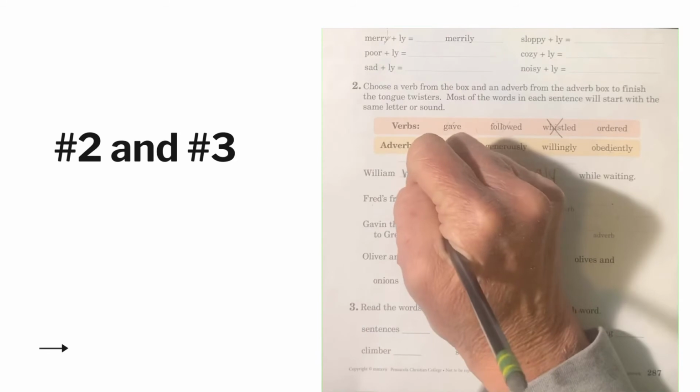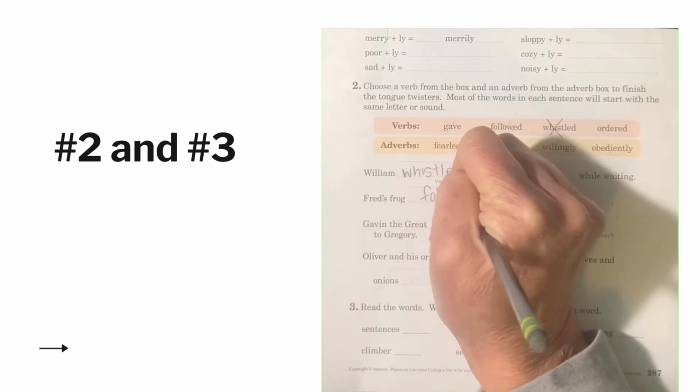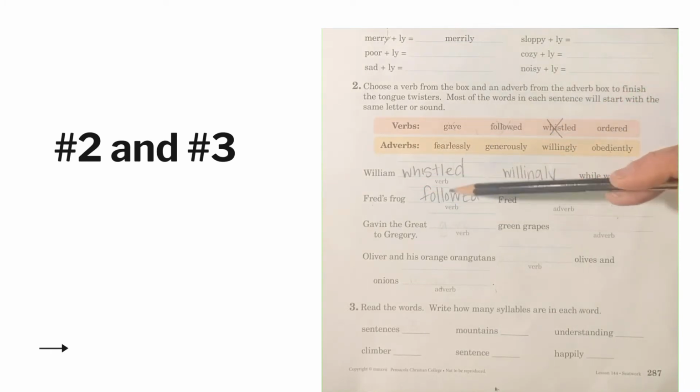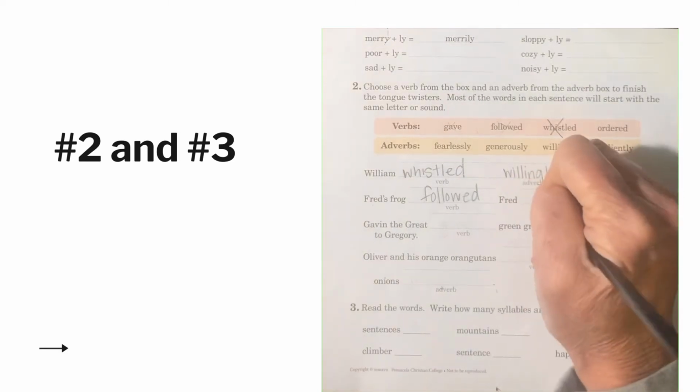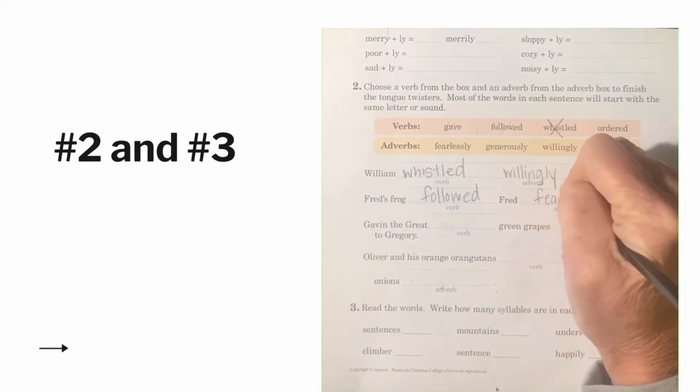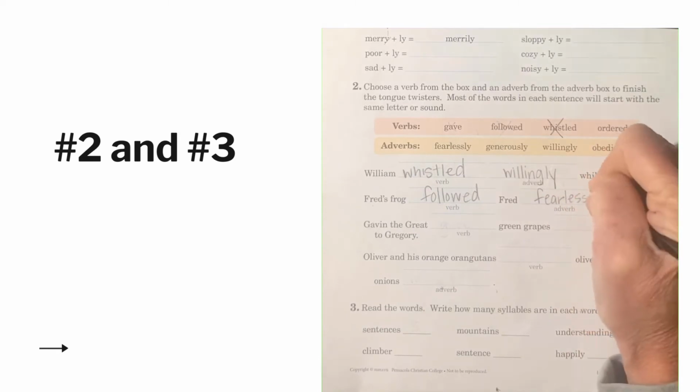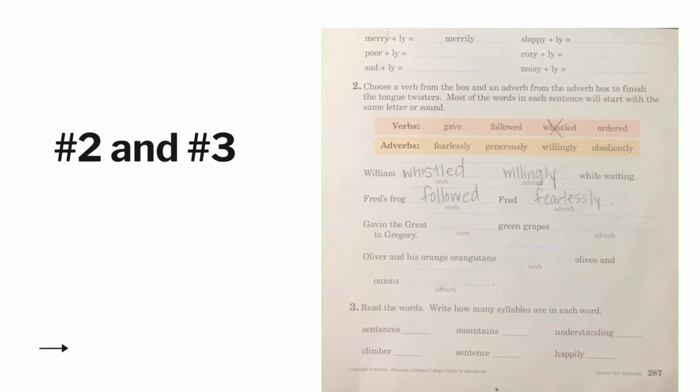Fred's frog followed Fred, and then you find the adverb that has the F. Fred's frog followed Fred fearlessly. Then you could try saying them 3 times fast. That'd be tough. Fred's frog followed Fred fearlessly. Woo! See if you can do it.